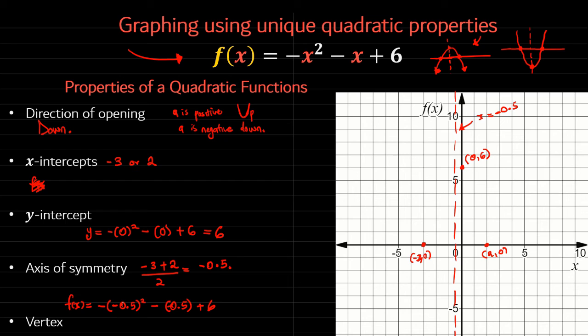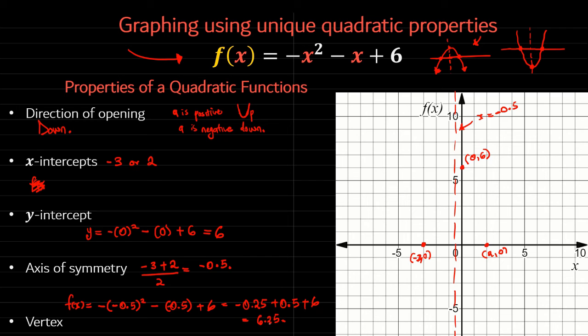0.5 squared gives you 0.25, positive. So if I multiply by the minus sign outside, I would have minus 0.25 plus 0.5 plus 6. So this would give me 6.25 as my y value.